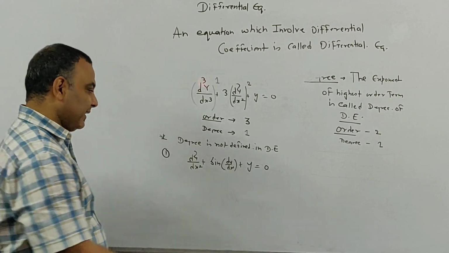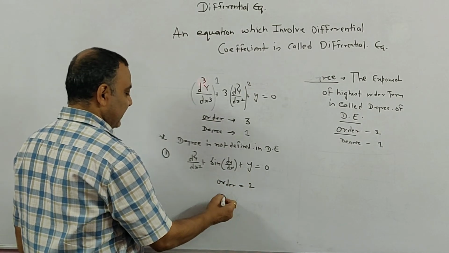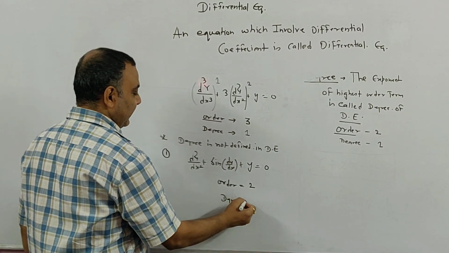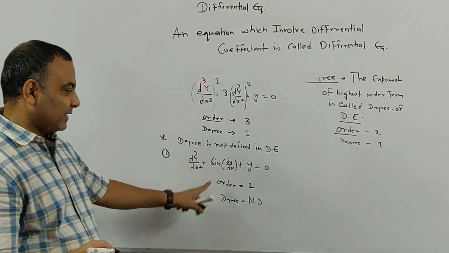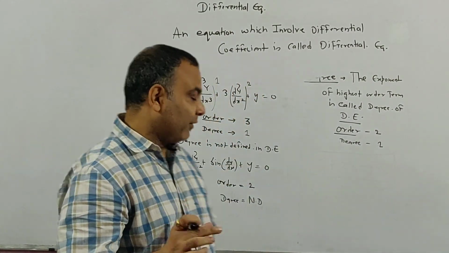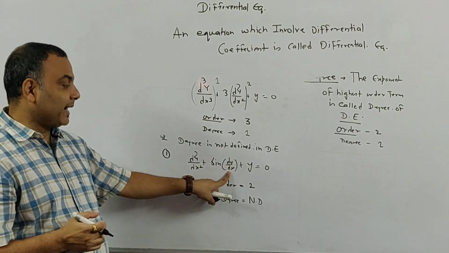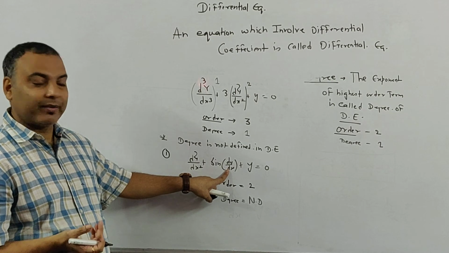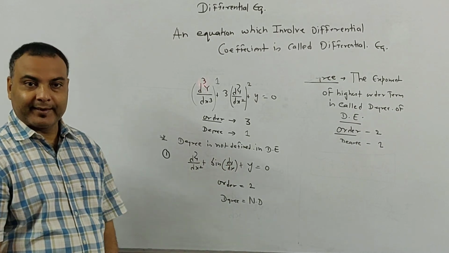That means here the order is 2 and the degree is not defined. Why is it not defined? Because one of the differential coefficients is in the angular term, that is, it is the angle of a trigonometric ratio. That's why the degree here is not defined. Clear?